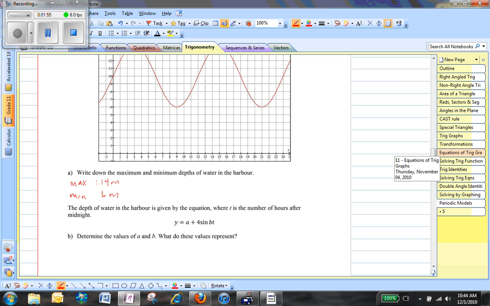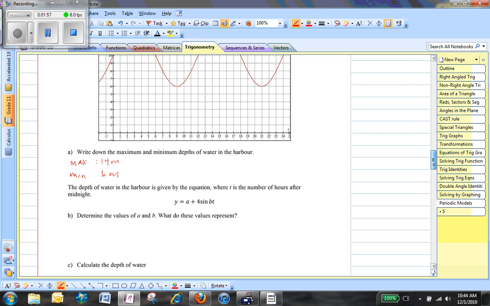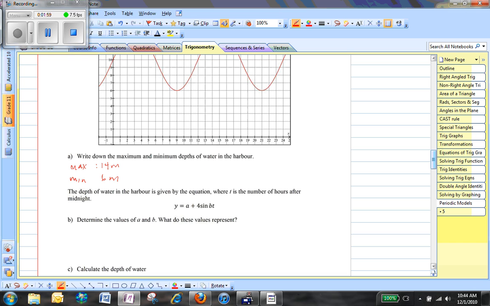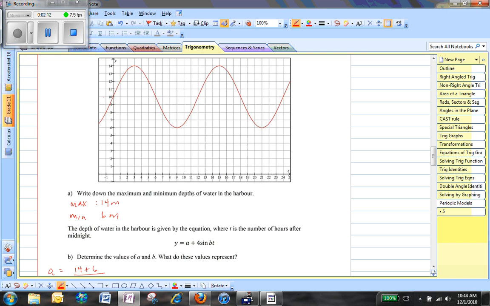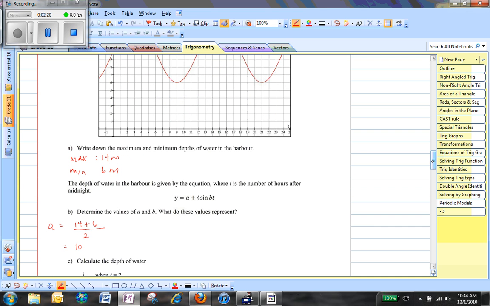Well, a is the principal axis. So a is equal to 14 plus 6, the maximum plus the minimum, divided by 2, which is 10. So that means my principal axis is 10. Right here. B is the period.